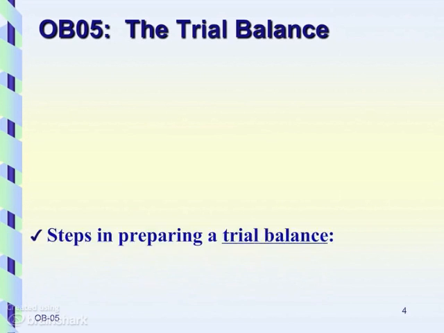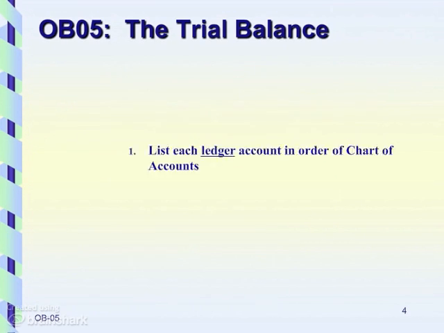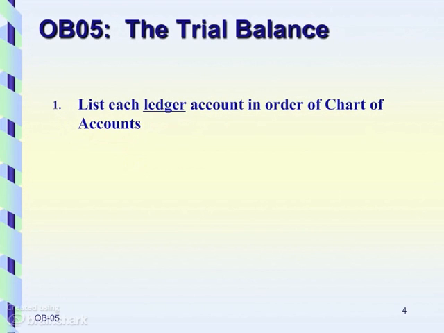The steps in preparing a trial balance, if you recall, include first, to list all the accounts in the general ledger in the order the accounts are listed in our chart of accounts. If you recall, the chart of accounts is going to be listed first based on your assets, then liabilities, then stockholders' equity, then revenue, then expenses.